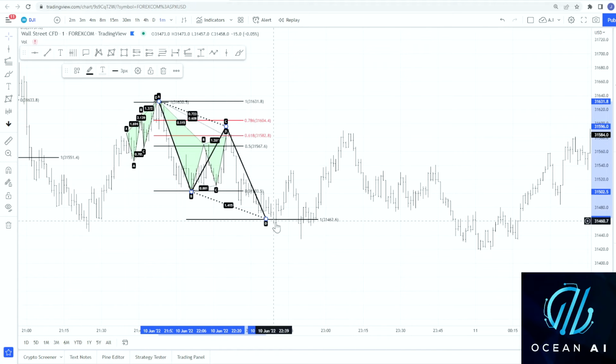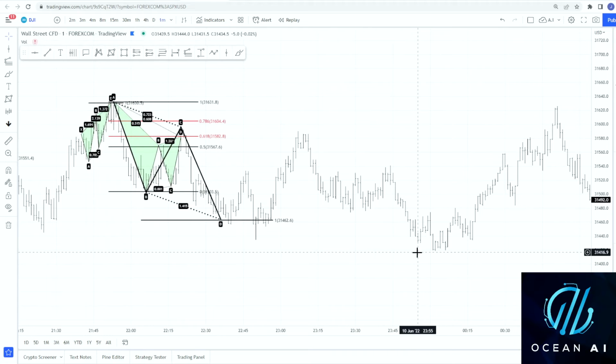But if I had taken this one and it rallied up there, about 80 odd points, I would have moved my stop loss to 0 and would have got stopped out here for nothing. Just an example of how I would have traded that. It rallied off, enough for me to move my stop to 0, and then it came back quickly and took me out. So we move on to the next one.